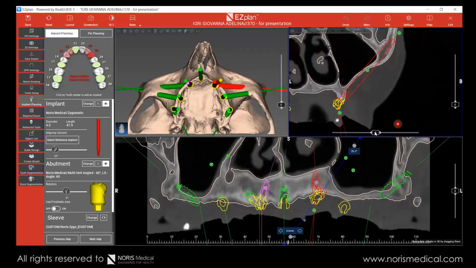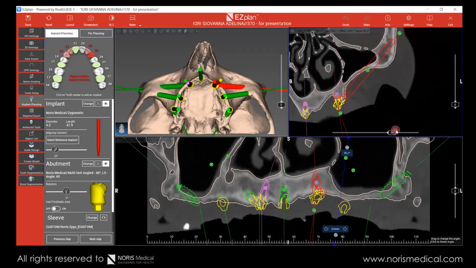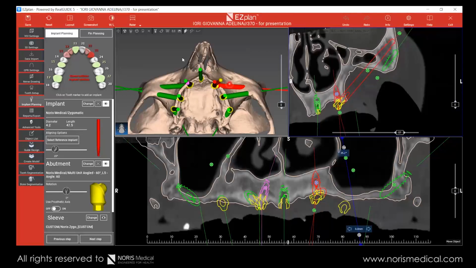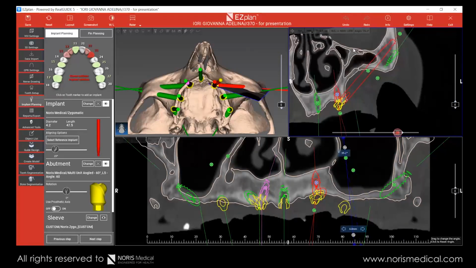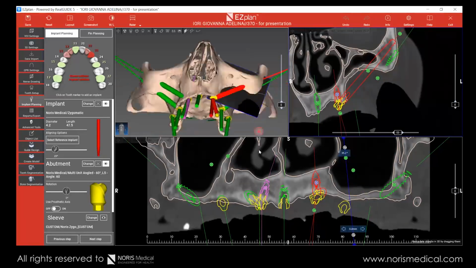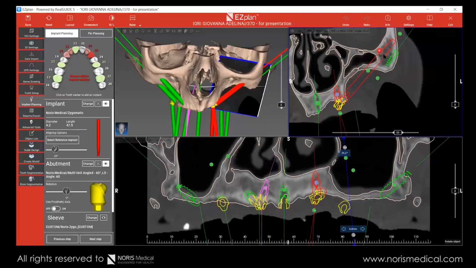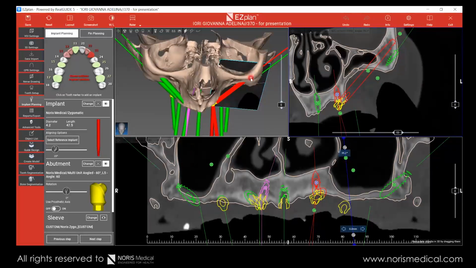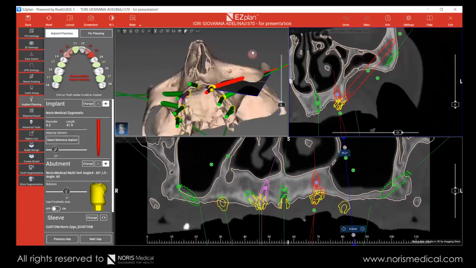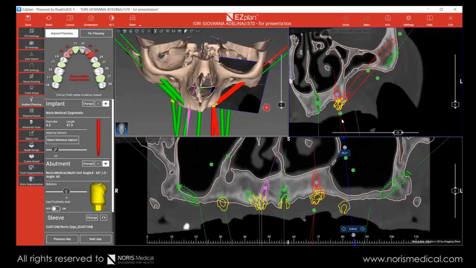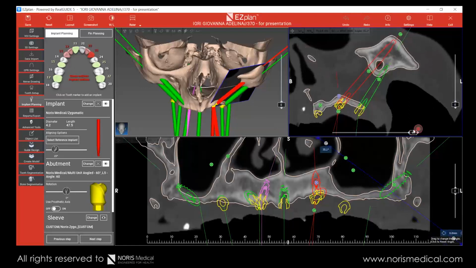If we're here, so we see, well, this is what we see now. Let me just put this on. This is the angle where we see the orbit. Here we see the orbit. You see this is the distance, the closest distance here to the orbital rim of the implant, okay? This is the distance, like that.